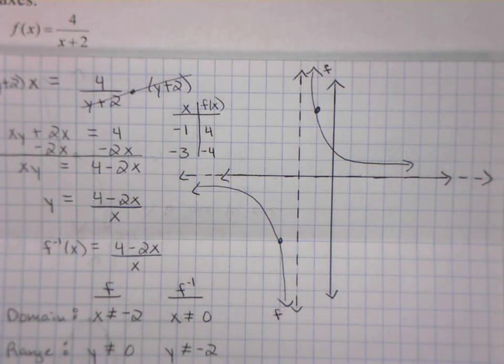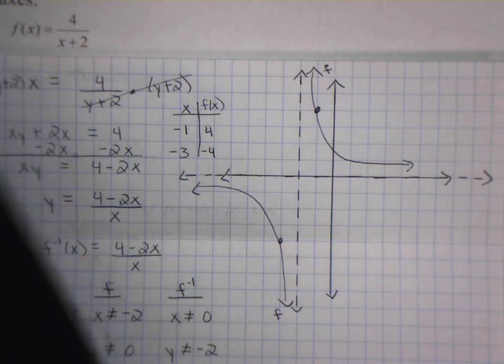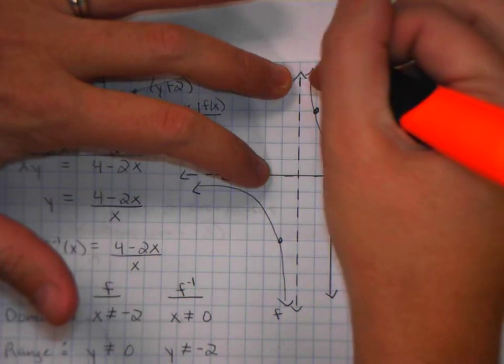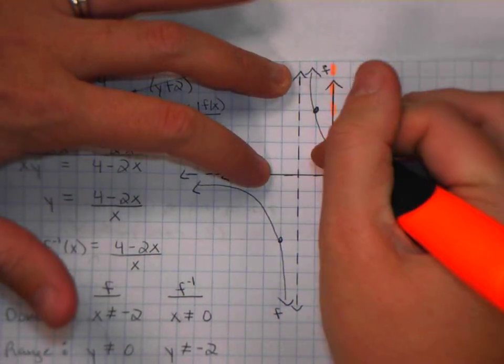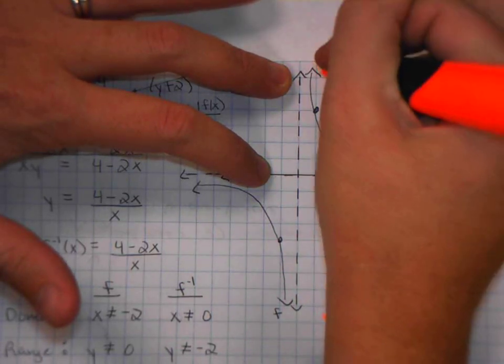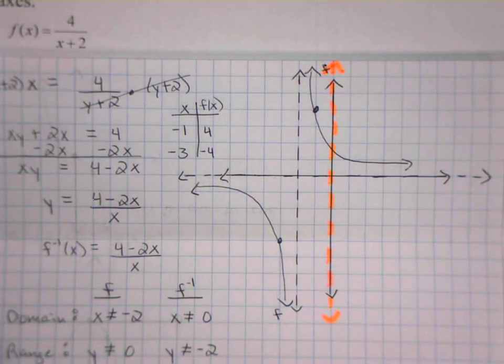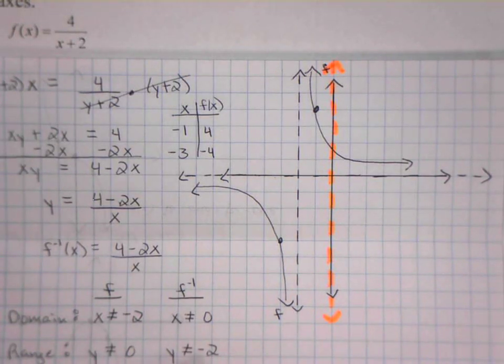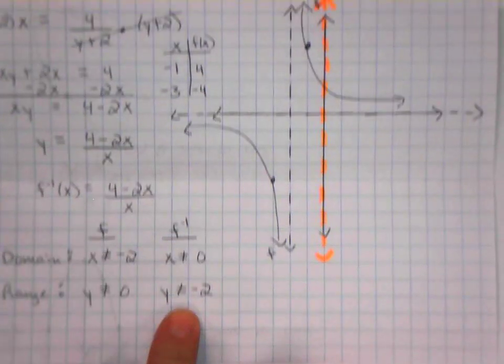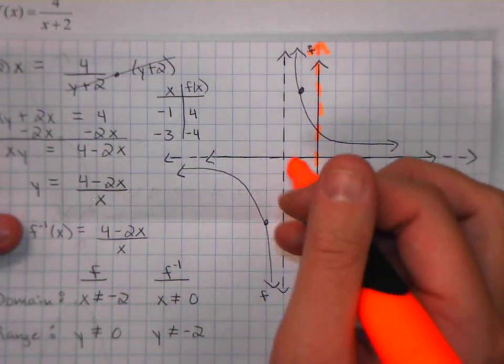Let me see, maybe orange would be better. Maybe you can kind of be able to see them to compare them. And then my horizontal asymptote, if you look at our range for the inverse, was y equals negative 2. So that would be here.